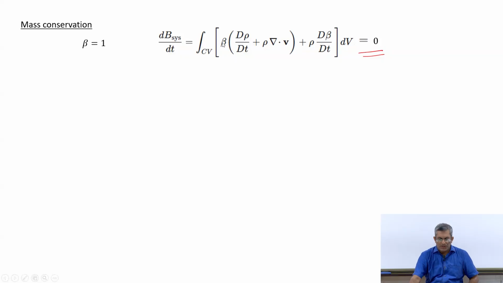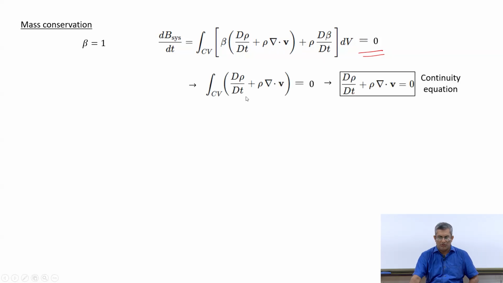Now if I put beta equal to 1 here, let us see what we get. Volume integral of this quantity is equal to 0. Now this means that this itself is equal to 0. Why does this have to be 0?